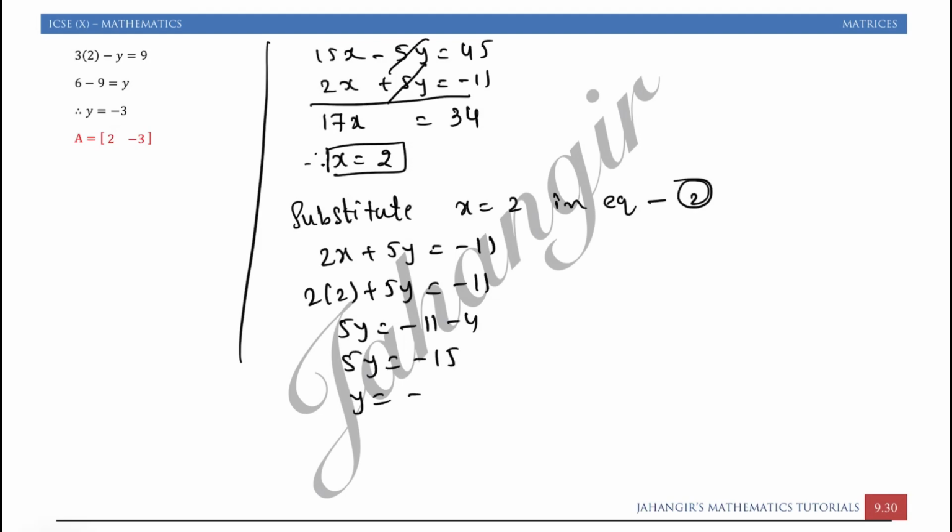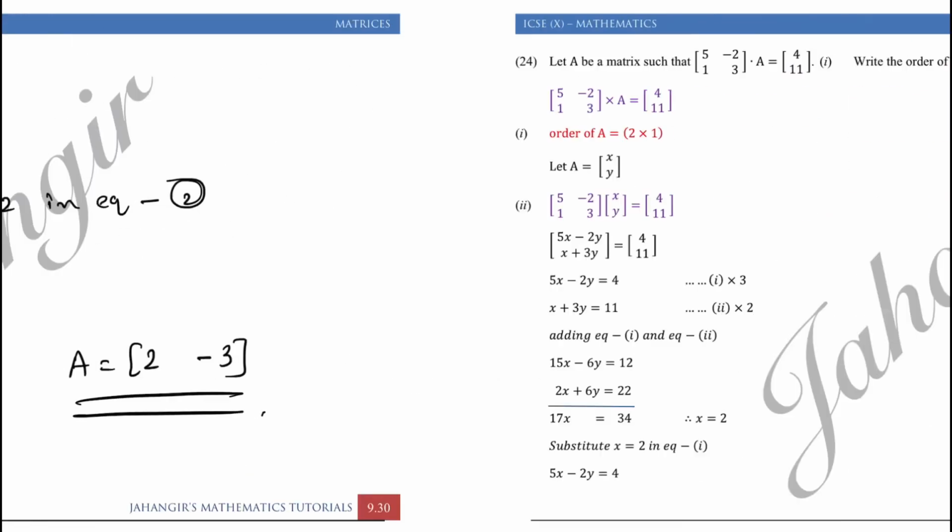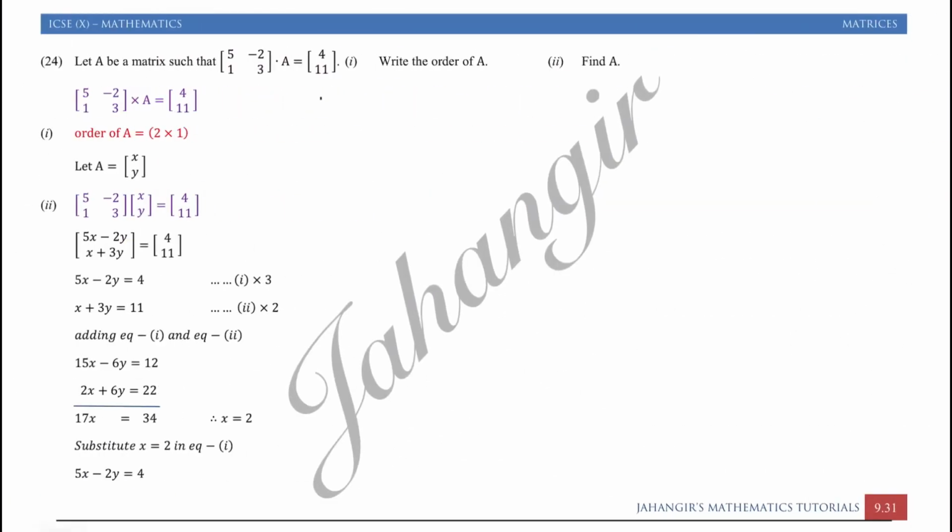So y is equal to minus 3. So my matrix was x and y, so x is 2 and y is minus 3. Okay, you understood this? Next.